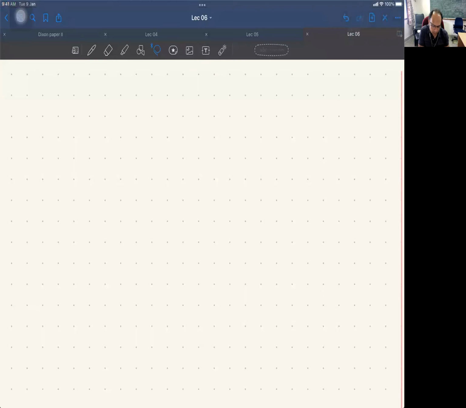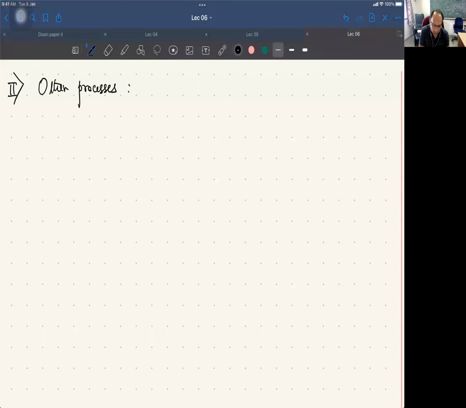Okay, the second point: what are the other processes? The other processes are described by certain mathematical objects.